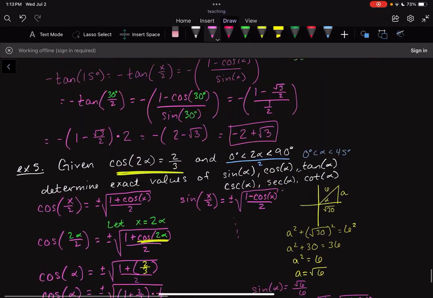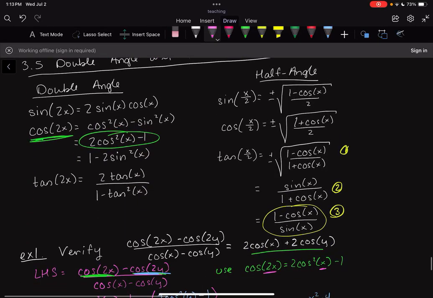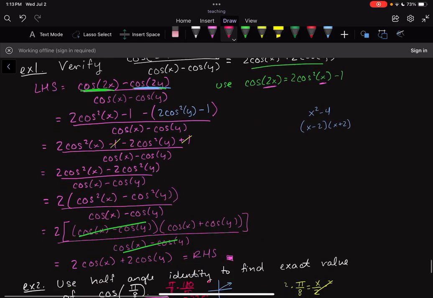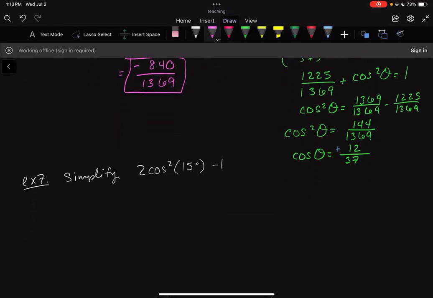If I back up to my identities, and you'll have an identity sheet, it looks a lot like this identity right here. So if I use that to my advantage, I'm going to write down the identity first. It says cosine 2x is equal to 2 cosine squared x minus 1.